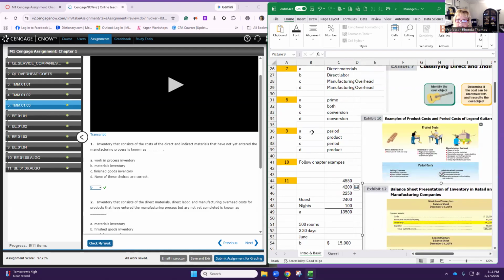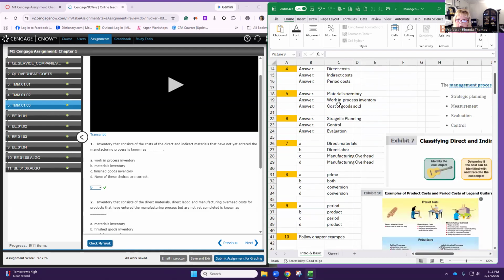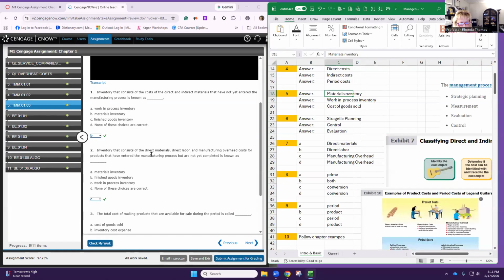So that would be up here, materials inventory. Inventory that consists of direct materials, direct labor, and manufacturing overhead for the products is the second inventory asset.